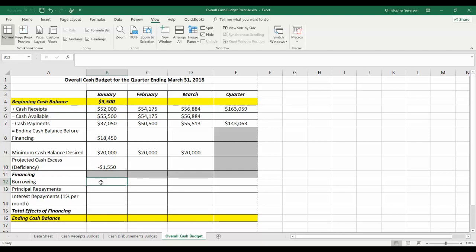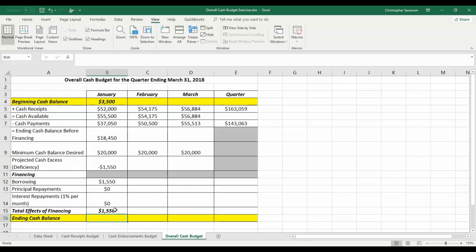Borrowing has a positive impact, and in other words, we gain more cash. Now, we don't have anything to pay back at this point. In fact, we couldn't because we'd fall again below the $20,000. So for this month, it's zero. The total effects of financing, they're just the sum of these three amounts.